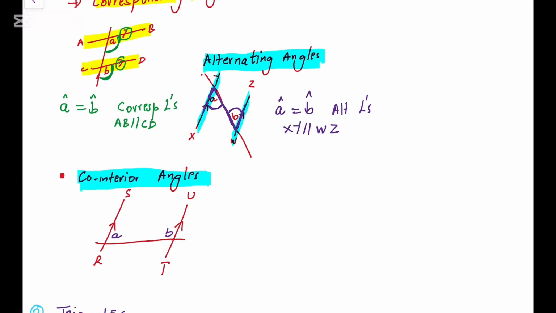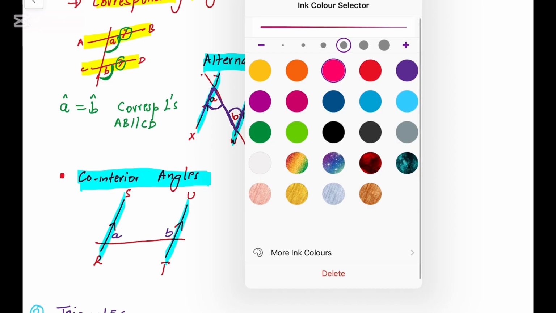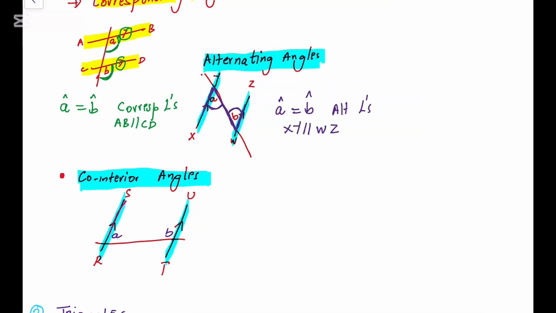You can see that line RS is parallel to line TU. Now, you'll see something like U. When you see something like U, you know these two angles, when you add them, will always give you 180.